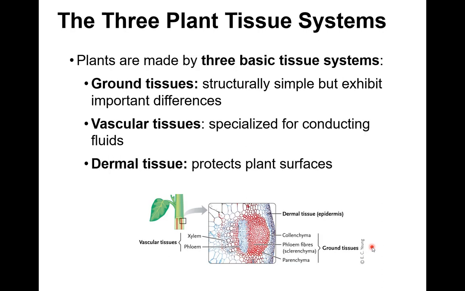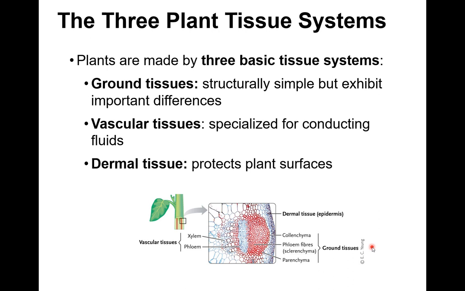So what are the types of tissues that you can find in plants? Well, the types of tissues are very simple overall. There are only three types of tissues, very different from what you find in animals. Plants are actually overall extremely simple, which is probably one of the reasons why they've been so successful. So they have three types of basic tissues, which are ground tissues. They're very simple, but again, they consist of different types. We'll talk about parenchyma, collenchyma, and sclerenchyma, which have different functions altogether.